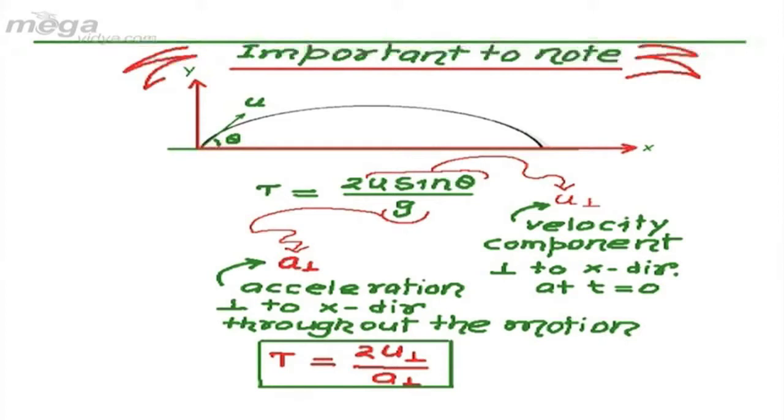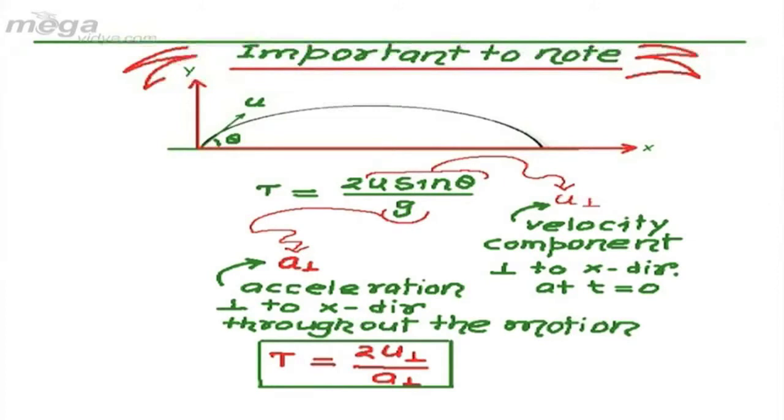And on the other hand, a perpendicular, I have taken it as g here because g is perpendicular to the plane on which this projectile has been thrown. So I will modify or rewrite the time of flight for this projectile to be equal to 2 times u perpendicular upon a perpendicular.